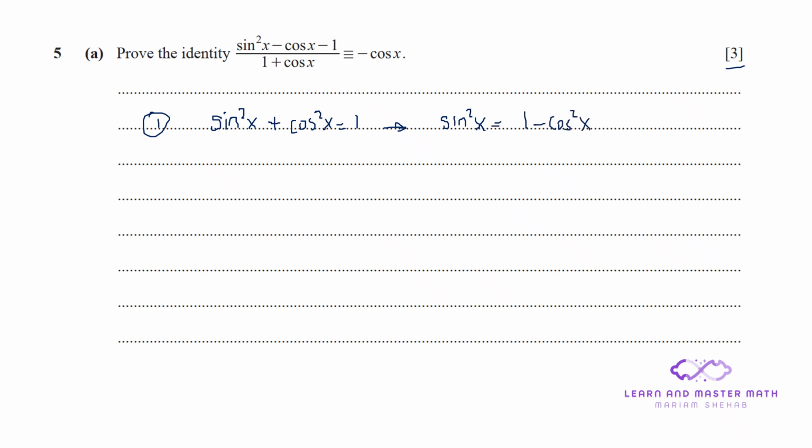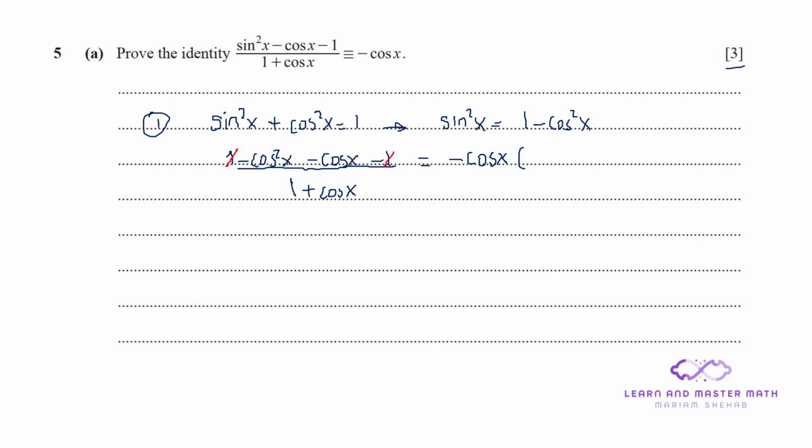Replacing this in sine squared x, you get (1 minus cosine square x minus cosine x minus 1) all over (1 plus cosine x). If you simplify this, you will notice 1 and negative 1 will cancel, and we take out negative cosine x as a common factor from the two terms here.